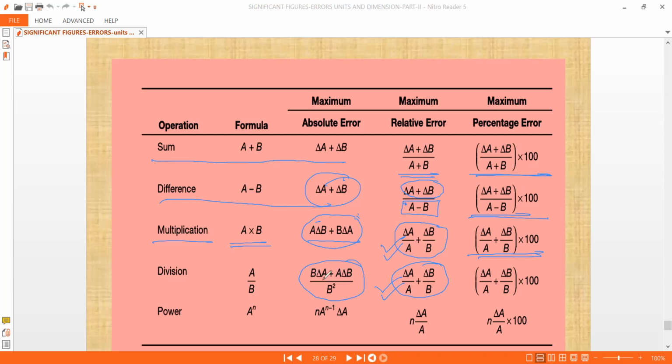So, B into delta A plus A into delta B divided by B square. If you know the derivative d by dx of f by g, it is g f dash minus f g dash divided by g square. So using this funda, you can calculate this.